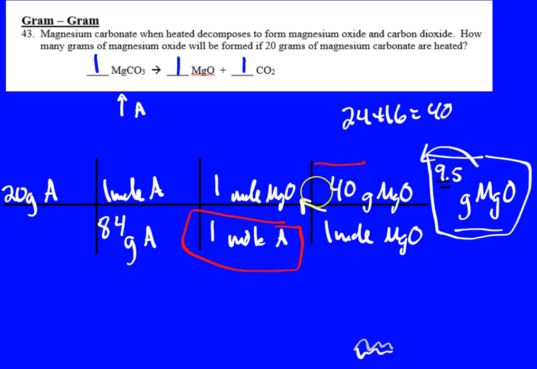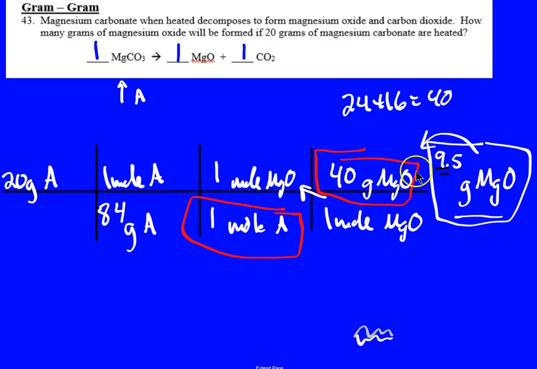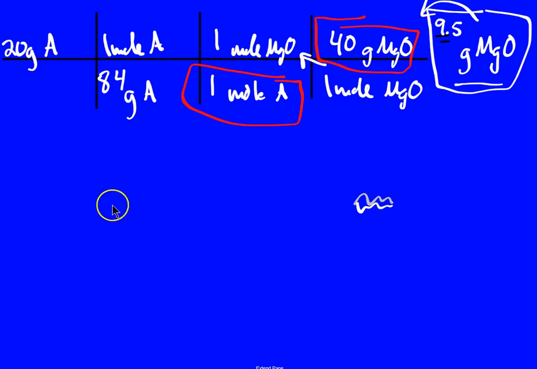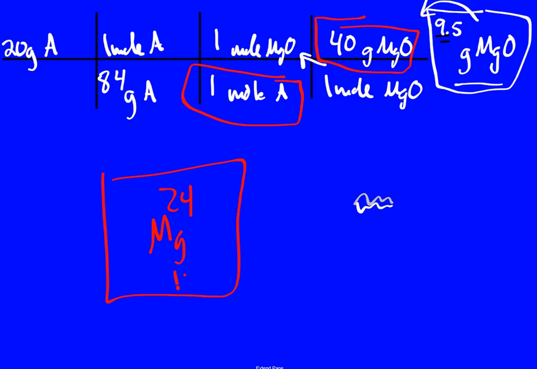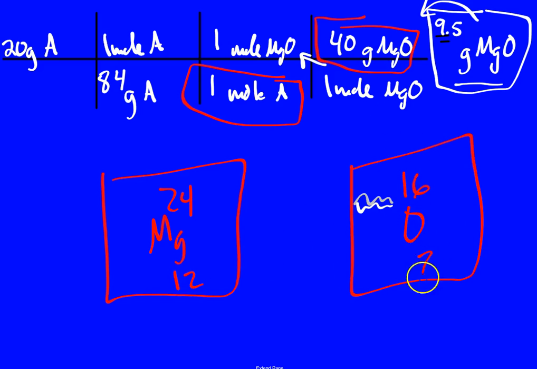The 40. Okay, good. All right, the 40. So anytime we have grams, we got to find it on our periodic table. Mg is a 24 and a 12. O is a 16 and an 8. It's just the big two numbers. You all right with that? Okay, anyone else lost in a different place?